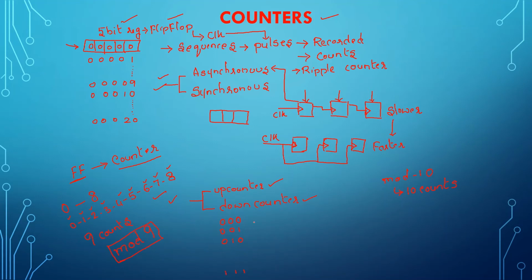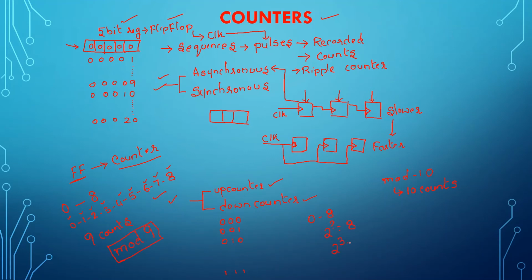So normally the counts to be counted by the counter will be decided by the flip-flops, or how many flip-flops you are going to take based on the mod. So if you want your counter to be counting from 0 to 8, let's check: 2 to the power 3 will be 8, isn't it?